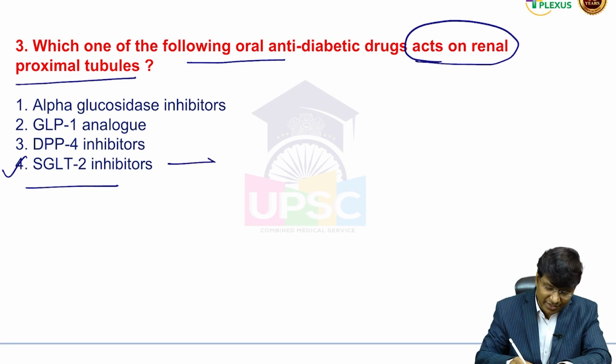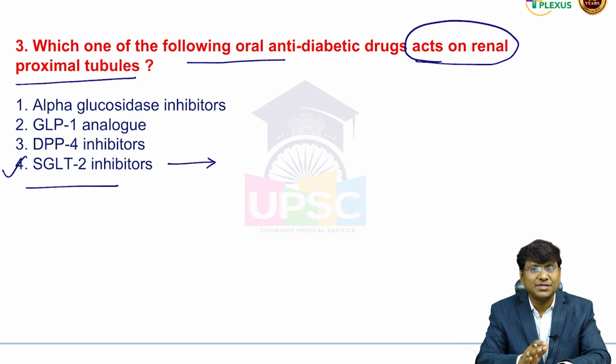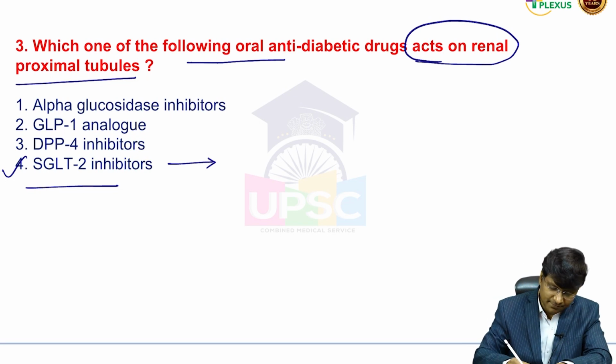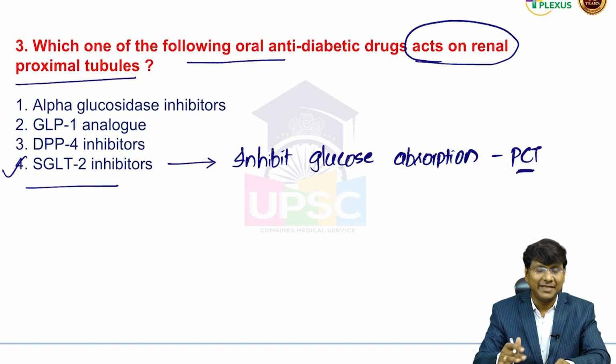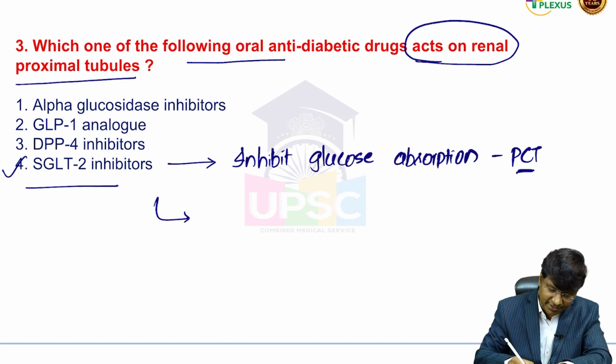What these SGLT2 inhibitors do is they inhibit glucose absorption from the proximal convoluted tubule, and thereby these SGLT2 inhibitors cause glucosuria, right?